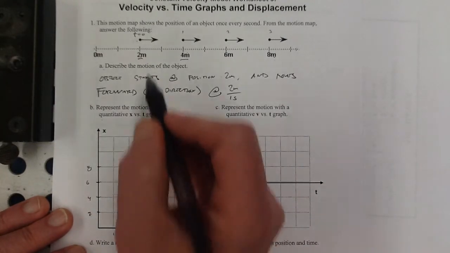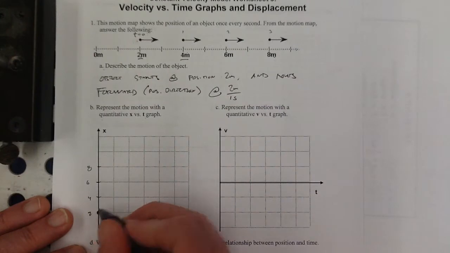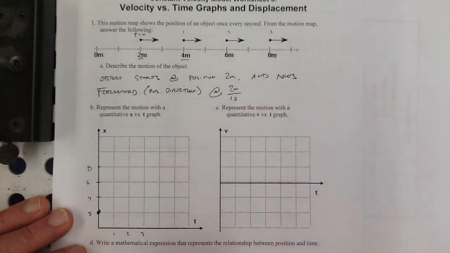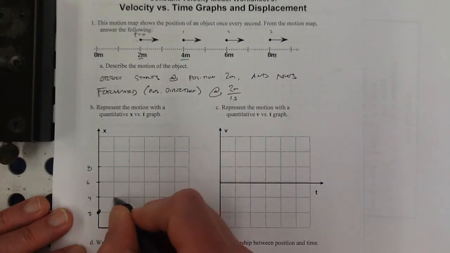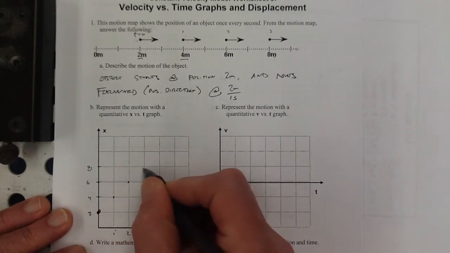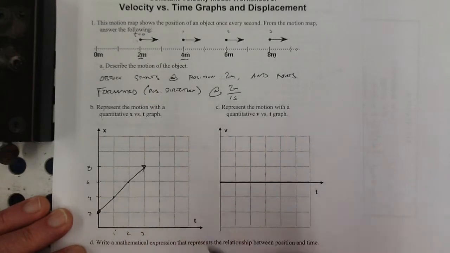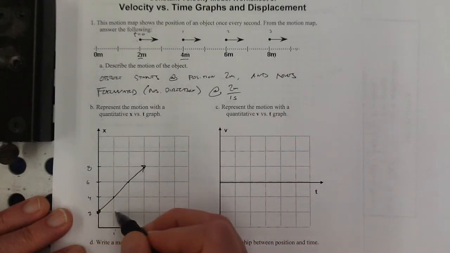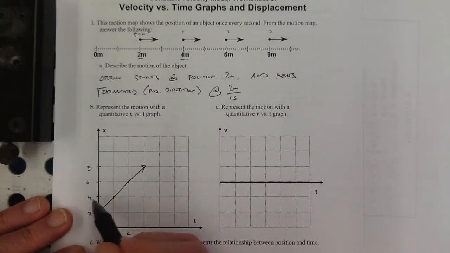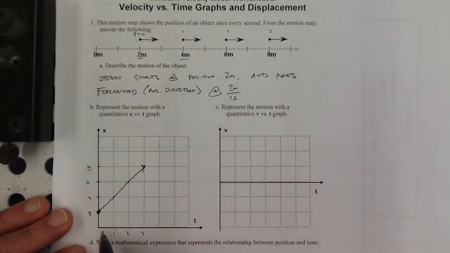So at time 0, I'm at 2. There's my intercept. And then at time 1, I'm at 4, at time 2, and so on. And there's my slope of 2. If you're looking at this saying, wait, that looks like a slope of 1, we scaled this by 2s. So that's a rise of 2 over a run of 1.